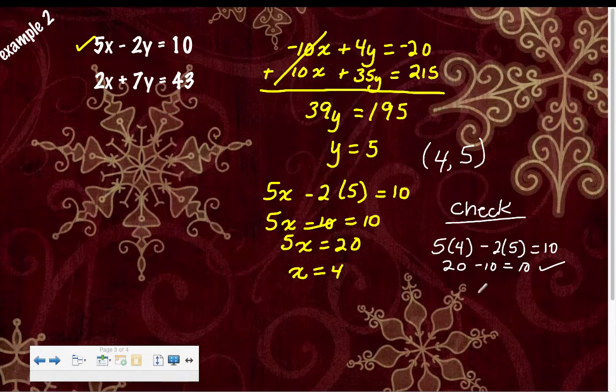All right, the next one. Twice the x value plus 7 times the y value will get me 43. 8 plus 35 gets me 43. Absolutely. So our answer of 4, 5 is the point at which these two lines cross.